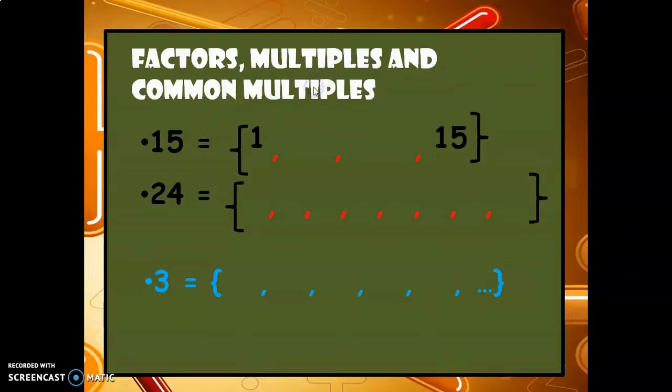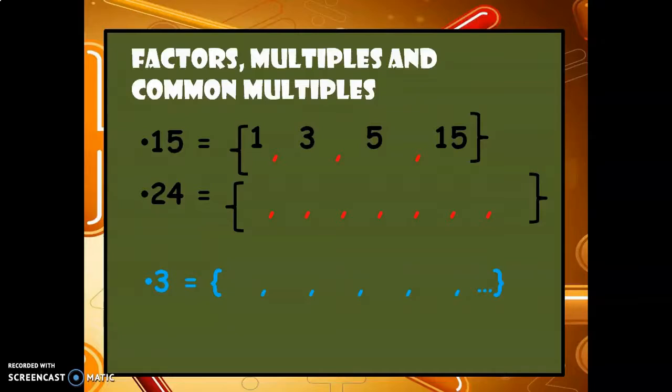Of course you have 1 and 15, because 1 times 15 is equal to 15. So 1 and 15 are the first two factors of 15. The second pair is 3 and 5, because 3 times 5 is also equal to 15. The complete set of factors of 15 is 1, 3, 5, and 15.